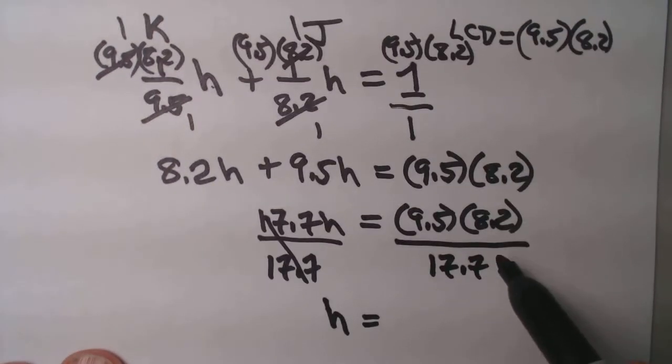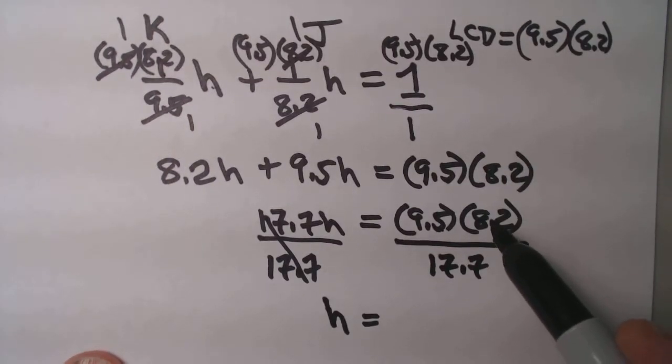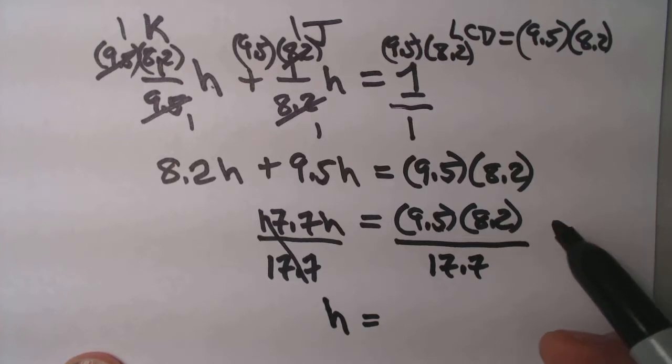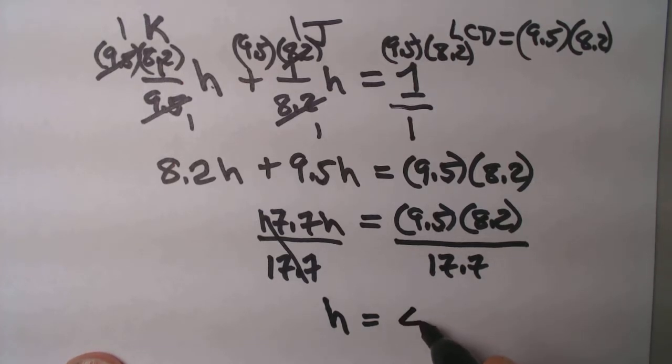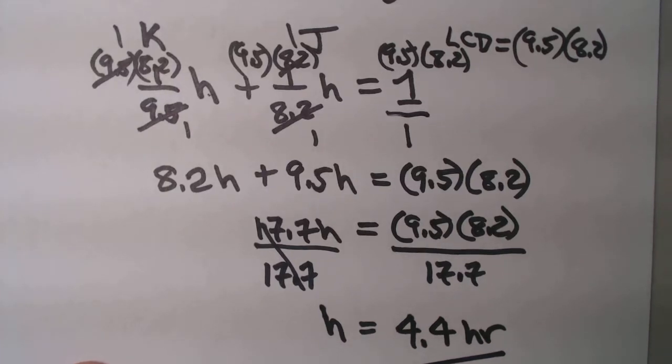And if you take 9.5 times 8.2 and divide it by 17.7, you're going to come out to approximately 4.4 hours. So that's how long it would take for them to work together. So if you have decimal values here, not a particularly difficult thing, just work it the same way. Okay.